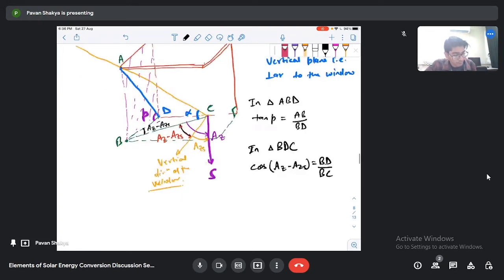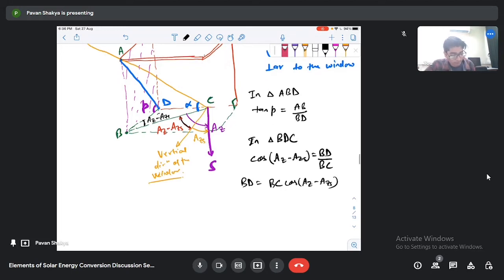And from here you can calculate that BD comes out to be BC cos(AZ minus AZS). Now in triangle ABC you can write that tan alpha will be equal to AB divided by BC. From here you can find that AB is equal to BC tan alpha.